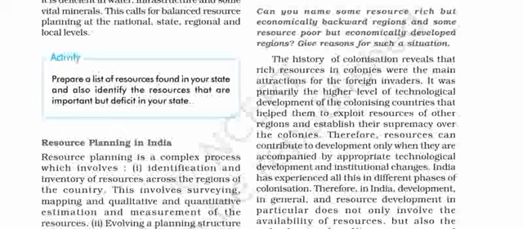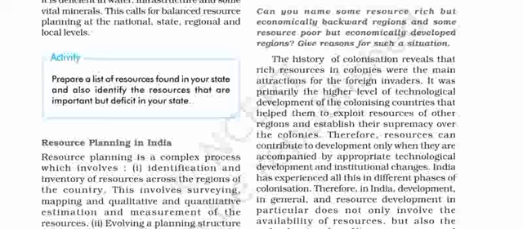colonization reveals that rich resources in colonies were the main attractions for the foreign invaders. It was primarily the higher level of technological development of the colonizing countries that helped them to exploit resources of their regions and establish their supremacy over the colonies.